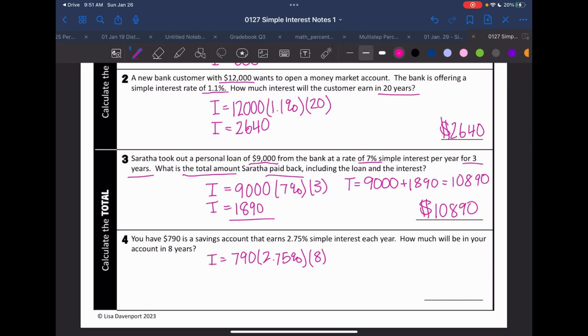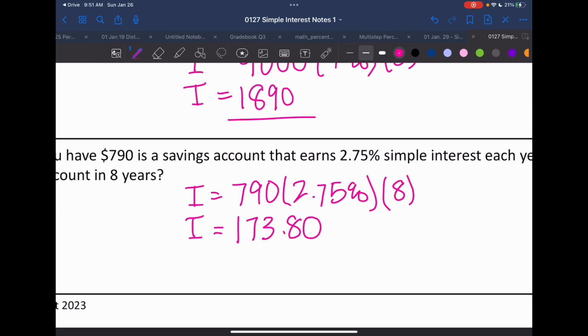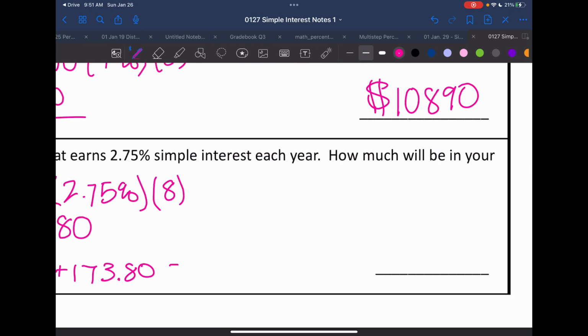So when I multiply all of those together, I get $173.80. Now again, to figure out how much is going to be in my account after 8 years, I have to first take what I started with, which is $790, and then add the interest to it, and that equals $963.80.